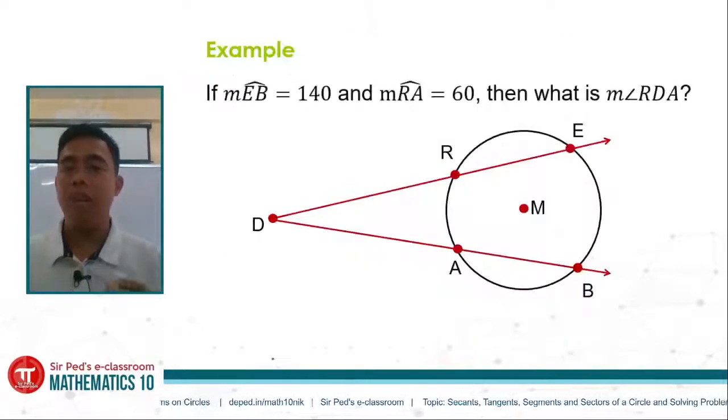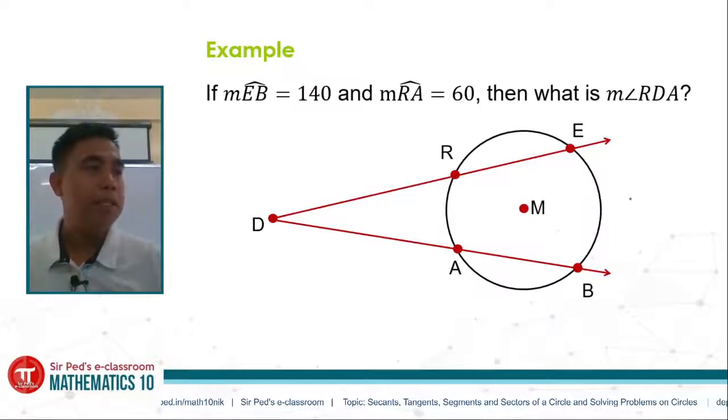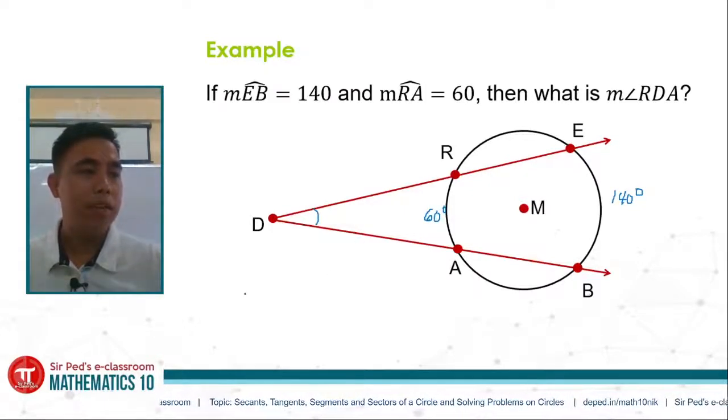So let's have an example on that. If arc EB is equal to 140 degrees and arc RA is equal to 60 degrees, what's the measure of this angle?